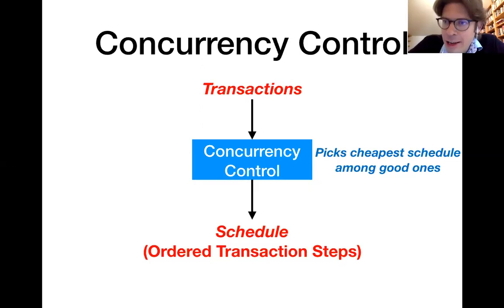We want to interleave the steps of different transactions. And that means that we have to be careful when selecting a schedule. So the goal of concurrency control is to select a schedule which provides isolation, while at the same time being as efficient as possible. And all of this happens at runtime, so concurrency control also needs to be very efficient.